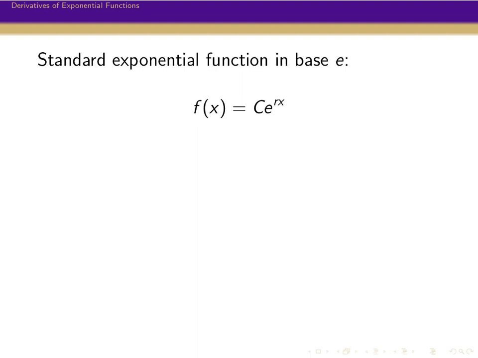Right? So we can take any exponential function, c times b to the x, and convert it into c times e to the r to the x. And really what we're doing here is b is getting swapped out with e to the r. And this r here is going to equal the natural log of b, the same thing that we saw before.